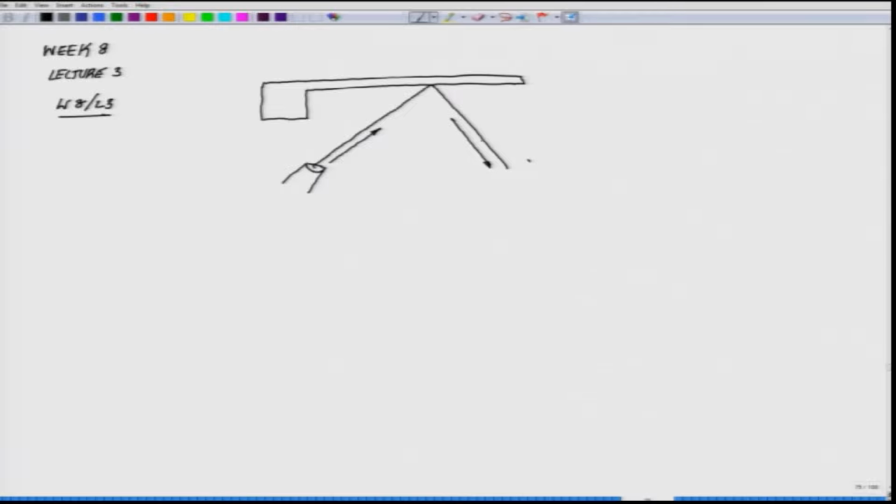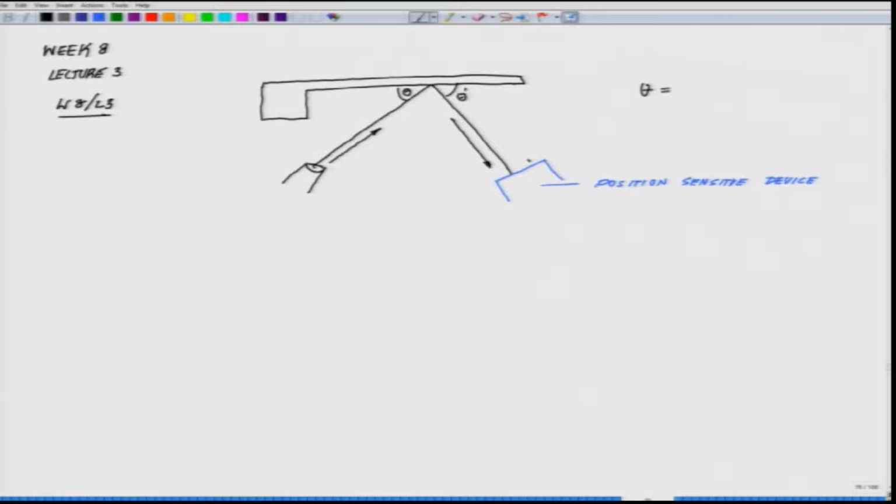Once it bounces back, you can track it by having a position sensitive device, or some kind of a device here which will see at what angle this laser is bouncing back. Say, for example, you are sending it at an angle theta and it is coming back at an angle theta prime.